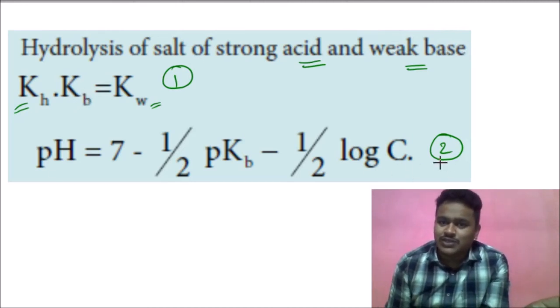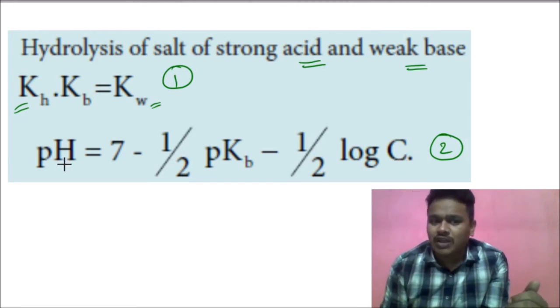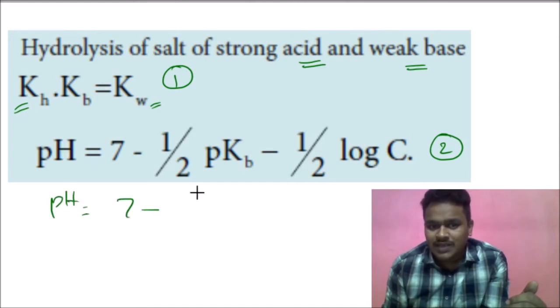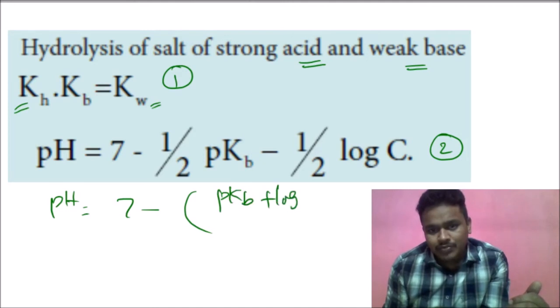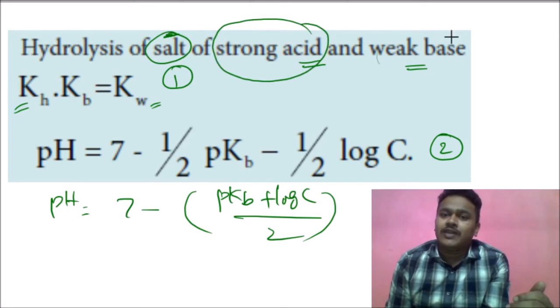Second expression, you see. After a similar type of derivation, the pH value you can find out. How will I write this pH? pH is equal to 7 minus of pKb plus log C by 2. Because this salt is formed by strong acid and a weak base.